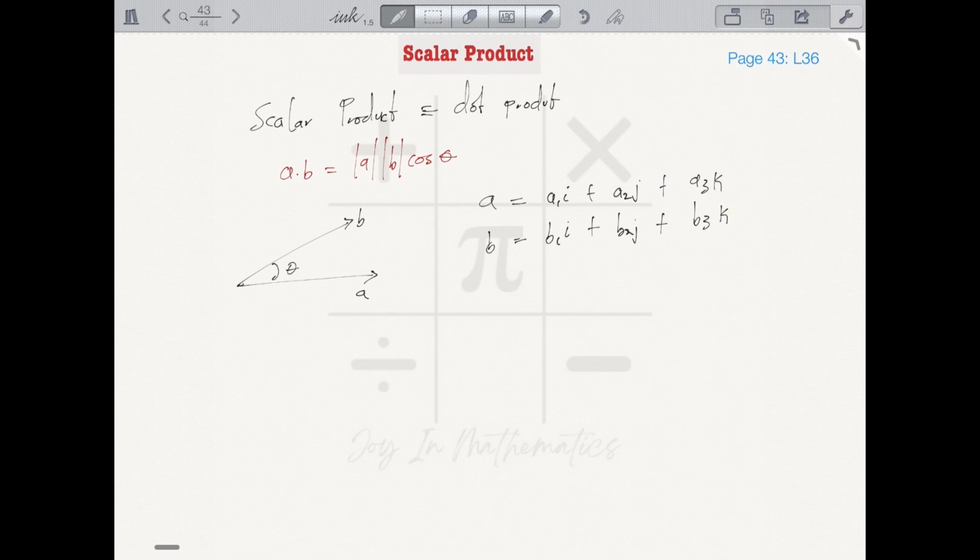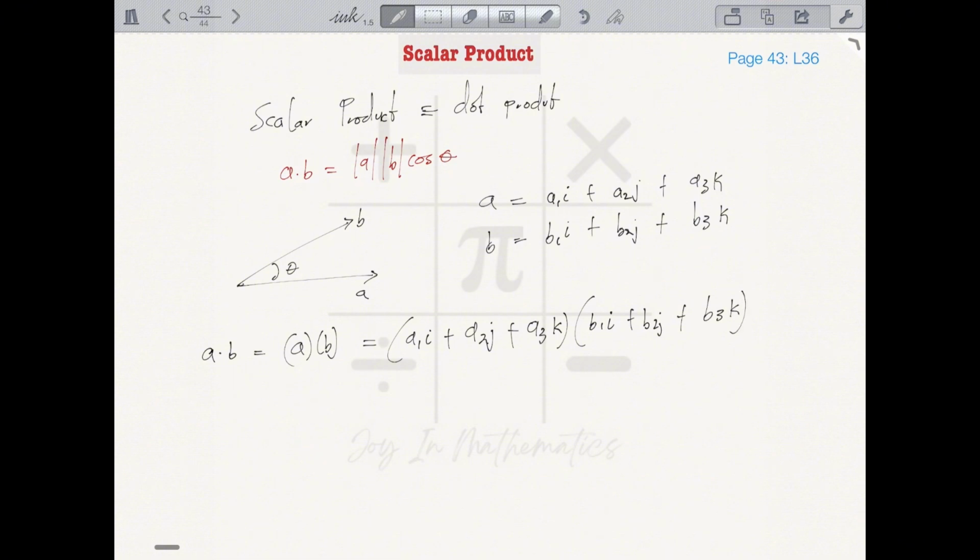Now I want to evaluate the scalar product. A dot B, in this case, will just be A multiplied by B. So we'll have A, which is A1i plus A2j plus A3k, and B as B1i plus B2j plus B3k.